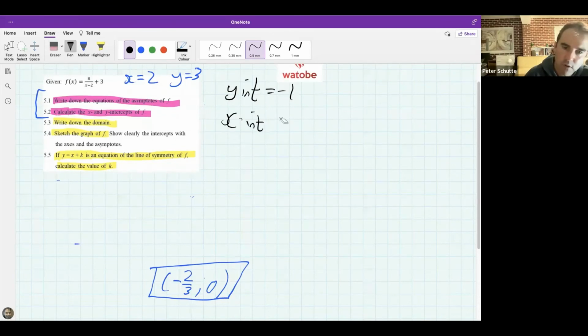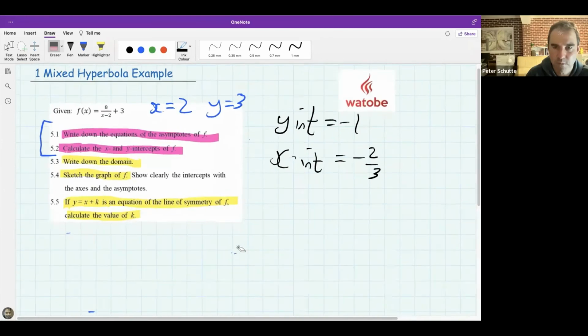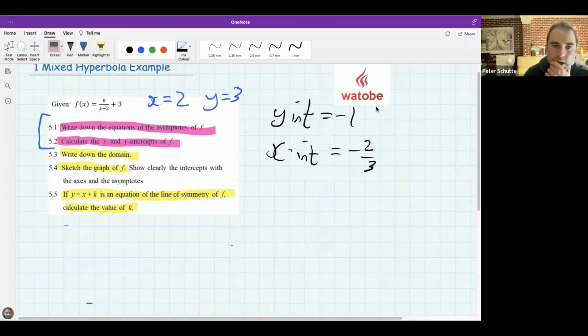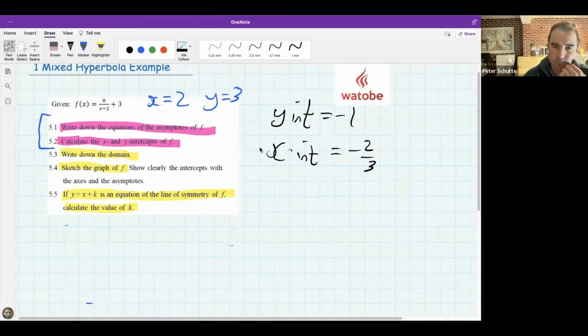X-intercept minus 2/3. And then I can give you some more space so you can see what's being written here. I see lots of domain and ranges coming in. That's good.